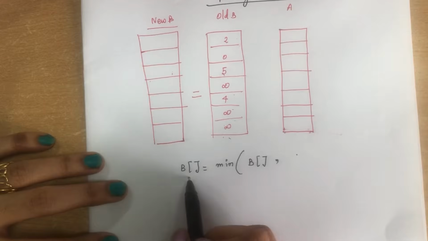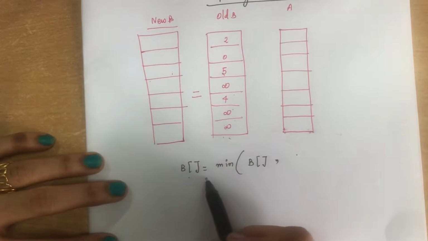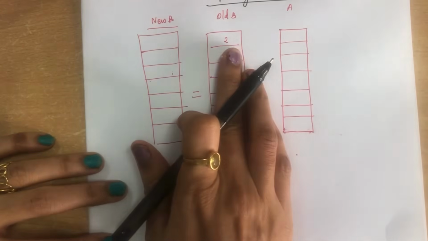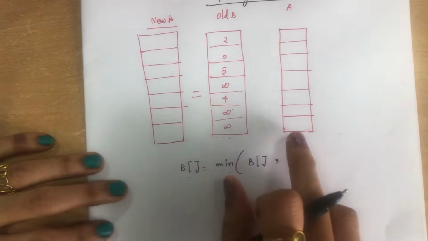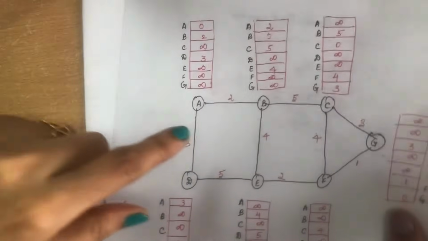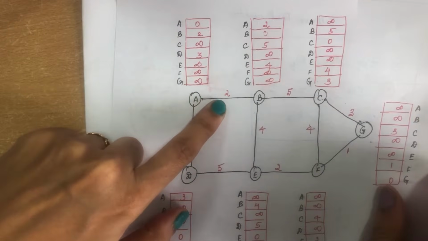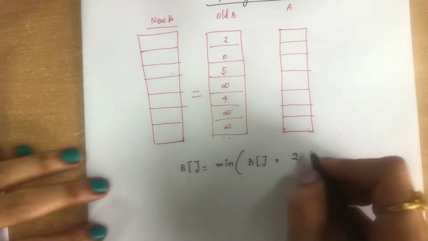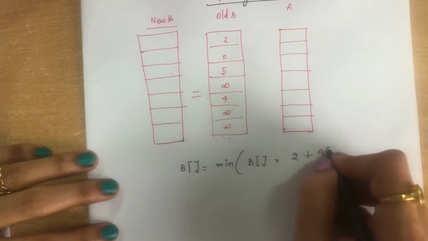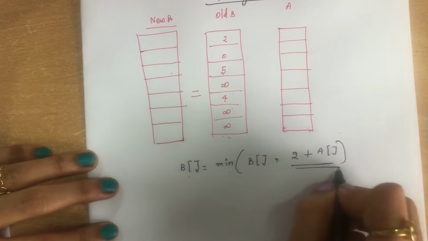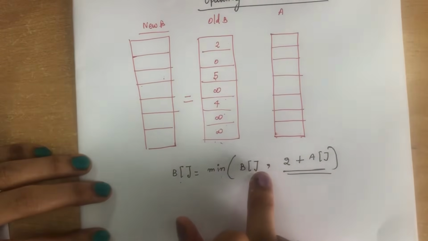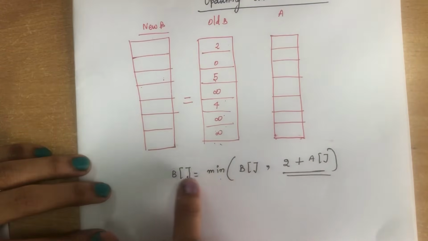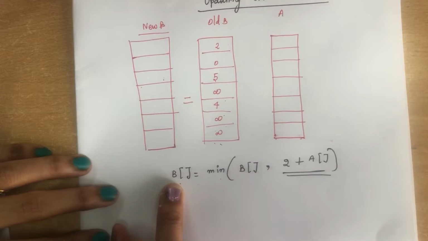The new value of B can be got by the minimum of the old value, comma, twice. From A to B, the distance given is 2. So 2 plus the distance vector of A, or otherwise the B value, the minimum of these two gives the new B distance vector.